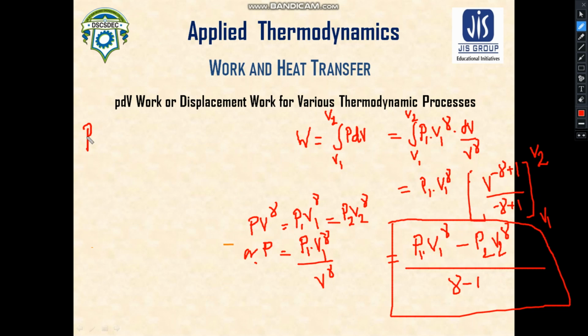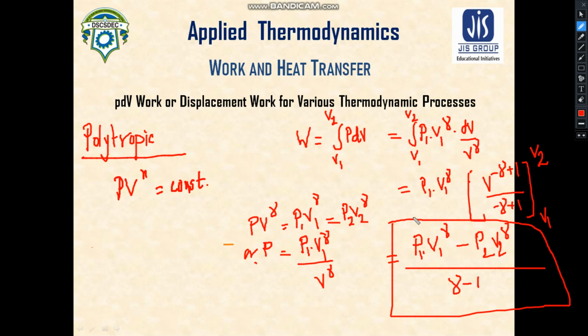For the adiabatic process, the pressure volume relationship was PV to the power gamma equal to constant. For the polytropic process, it will be PV to the power n. The gamma mentioned in the adiabatic process is called the adiabatic index, and this n is called the polytropic index.